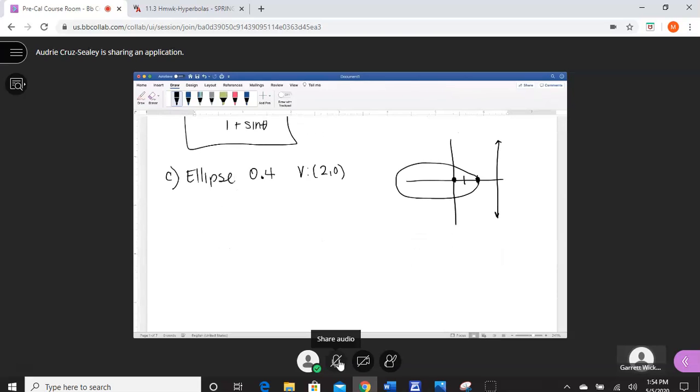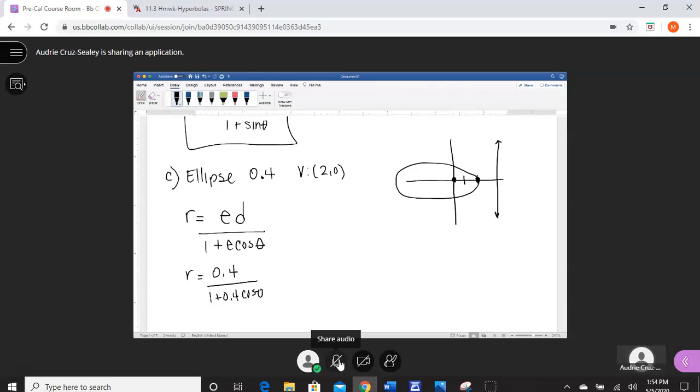Okay. So do we agree that the picture represents the formula r equals ED over 1 plus E cosine theta? Is everybody okay with how I got that? Yes, ma'am. Okay. We also know that E is 0.4, right? 1 plus 0.4 cosine theta.